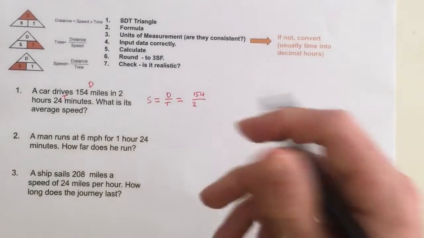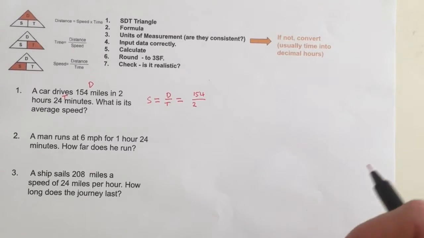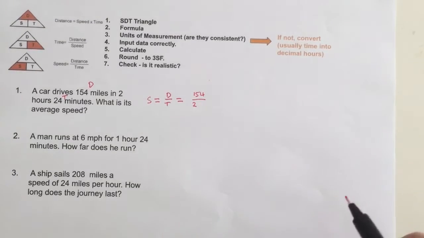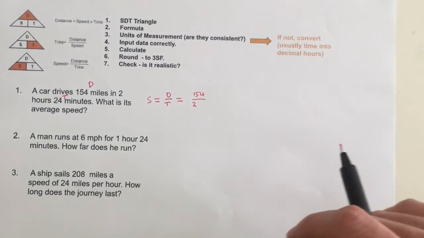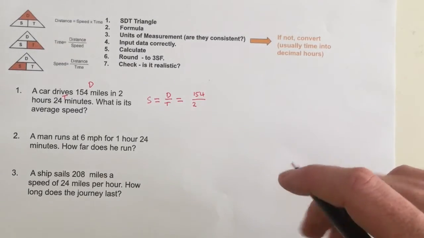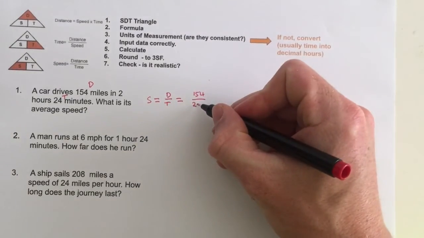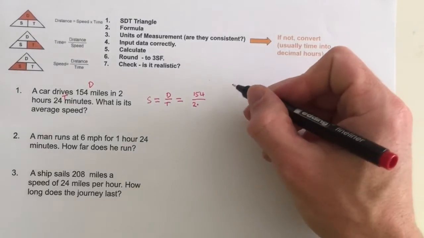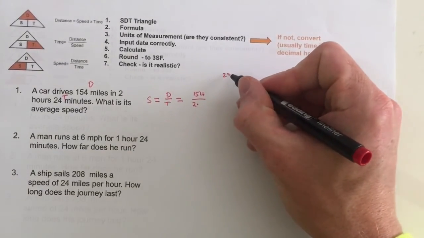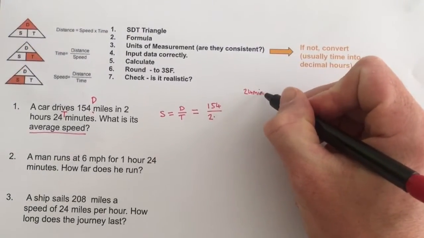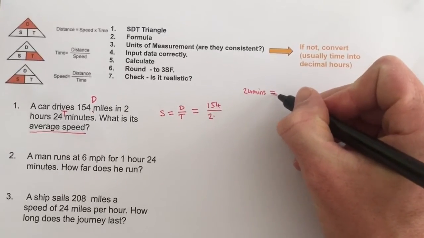2 hours. Well, I need that in decimal hours. I can't have it in hours and minutes because it doesn't work. It's not consistent with the average speed that's going to be miles per hour. So it's going to be 2 whole hours and then a decimal hour. So I need to work out what 24 minutes equals.